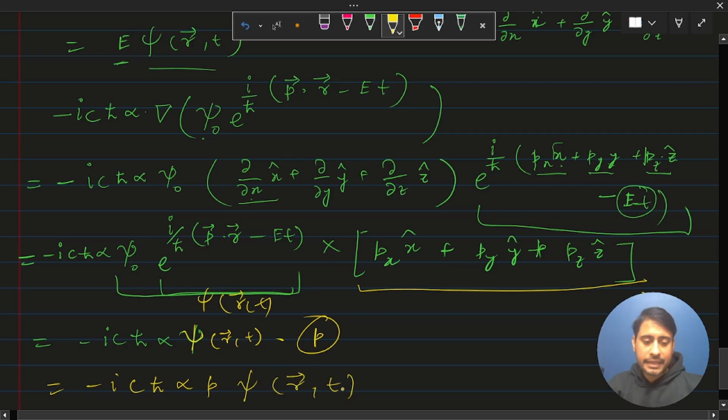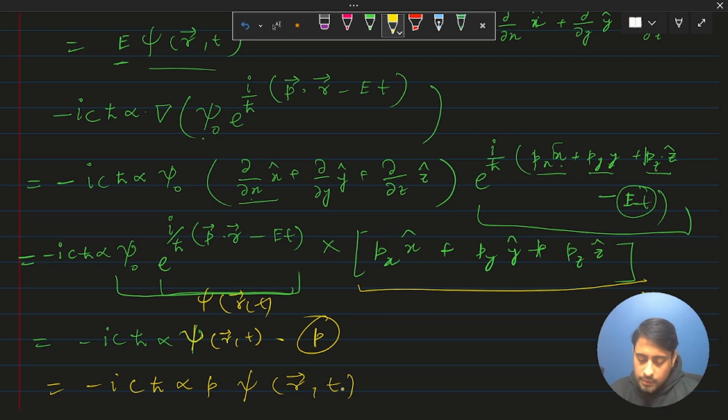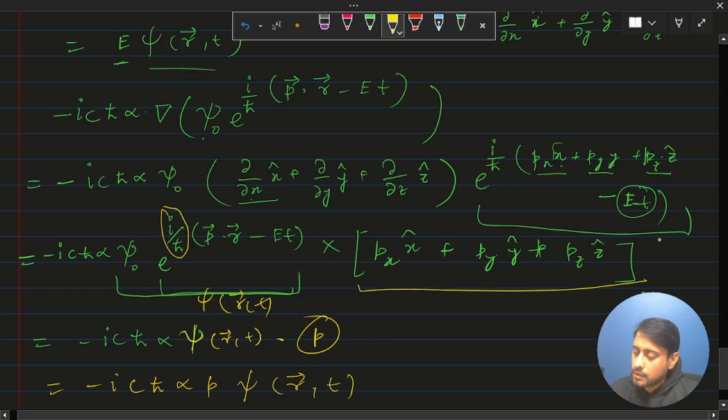Is there anything we have missed? One thing we have missed is the derivative of the term i over h bar. So this i over h bar should be written, and this i will be multiplied with this iota, which will give you minus 1, and then it will become plus. So I think I should remove this term.